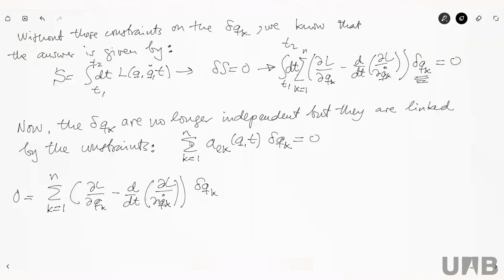Can anyone guess? One way would be, out of all these conditions, let us see which are the delta q_k's which are free and which are the delta q_k's which depend on those which are free. In other words, let us solve the constraint and then replace it inside this equation.